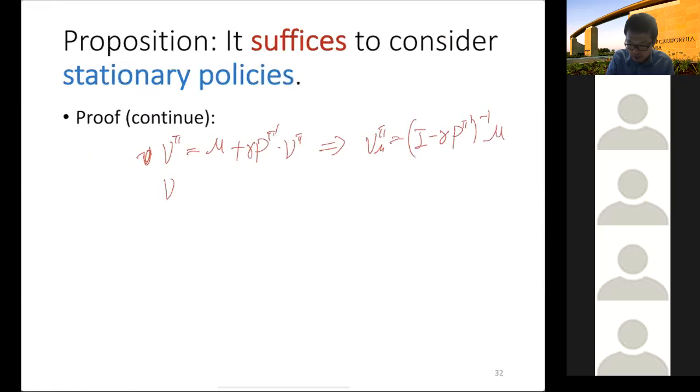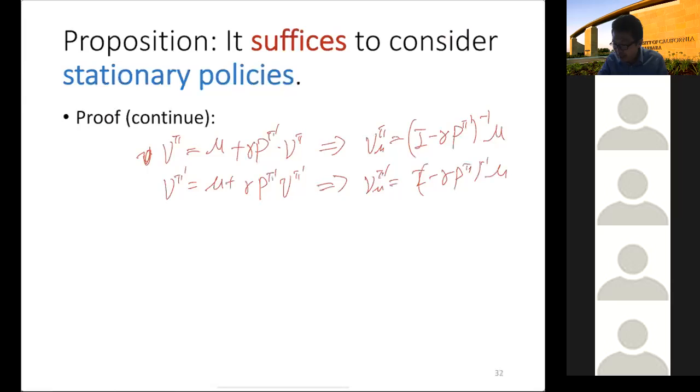Similarly, we also have that this is equal to, so provided that we can show that this matrix is full rank and invertible, then these equations would show that this occupancy measure of pi and occupancy measure of pi prime are identical.